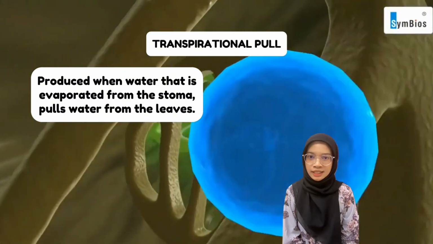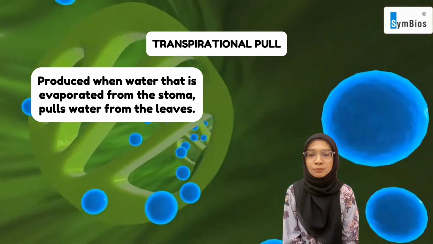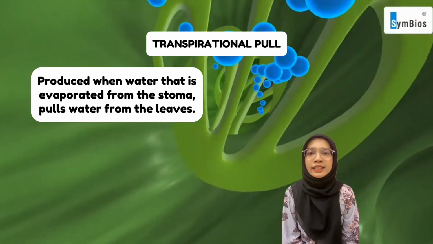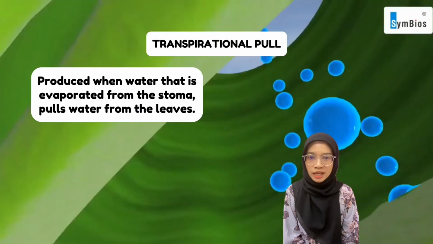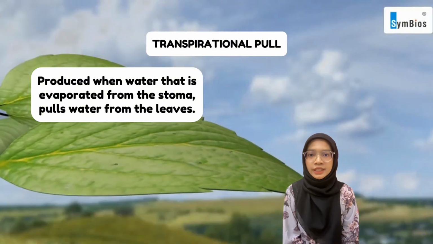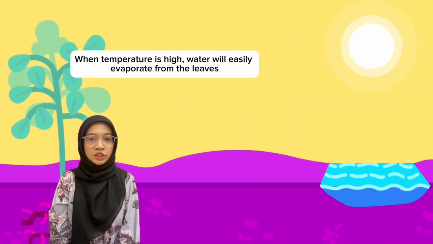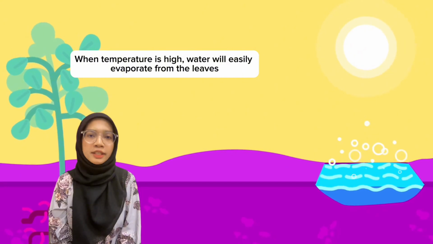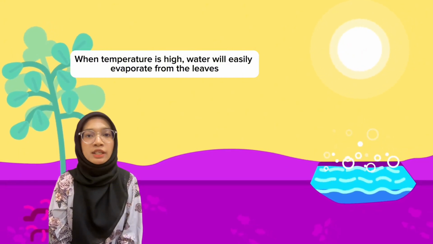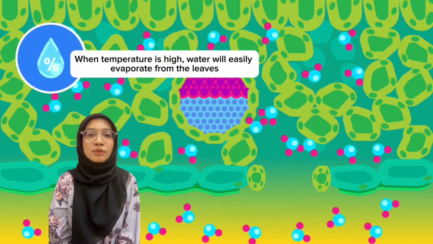tall the plant is. Transpirational pull is produced when water that is evaporated from the stomata pulls water from the leaves. Do you understand what it means? Let me give you an example. When the temperature is high or on a hot day, you'll find that water evaporates very easily from the leaf.